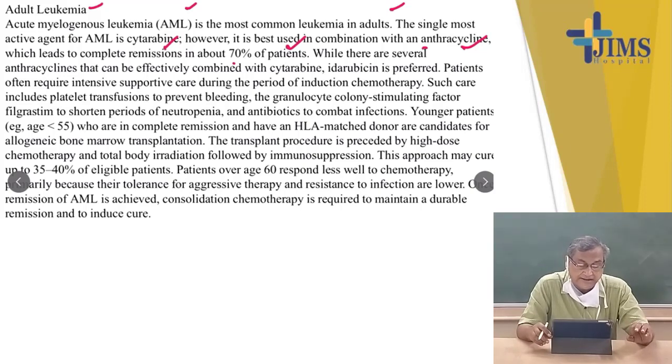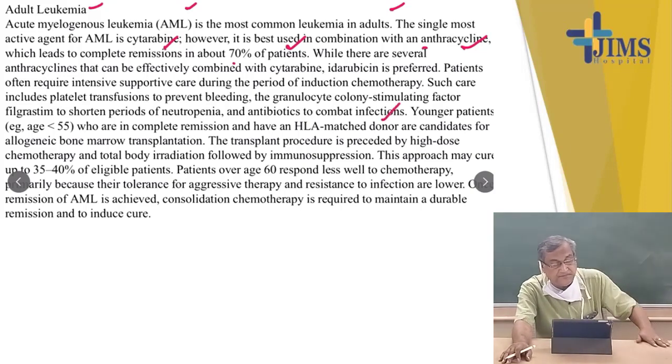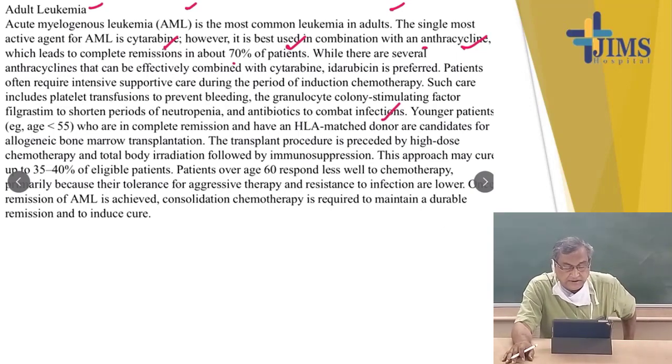Patients often require intensive supportive care during the period of induction chemotherapy. Such care includes platelet transfusion to prevent bleeding, the granulocyte colony stimulating factor filgrastim to shorten periods of neutropenia, and antibiotics to combat infections. Younger patients, for example age less than 55, who are in complete remission and have an HLA-matched donor are candidates for allogeneic bone marrow transplantation.